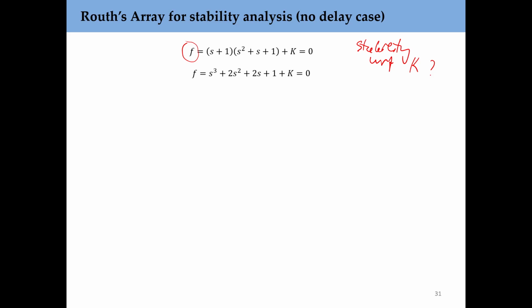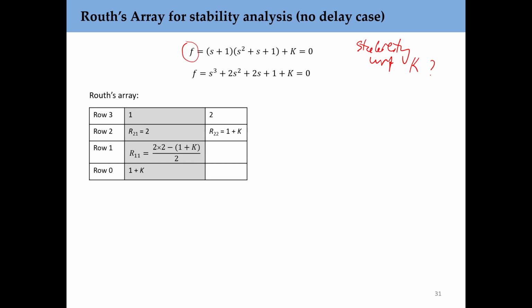All right. So this equation, if you organize it, is in this form, and then we can build our Routh array as follows. Using the Routh array, we want to investigate stability. As you will remember, the Routh array says the number of sign changes in the first column is equal to the number of unstable poles of the system.